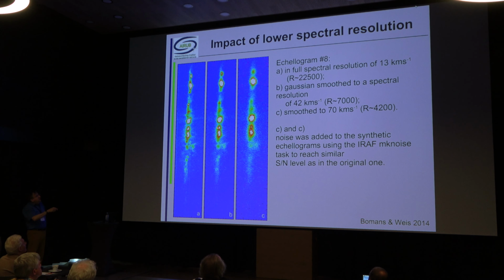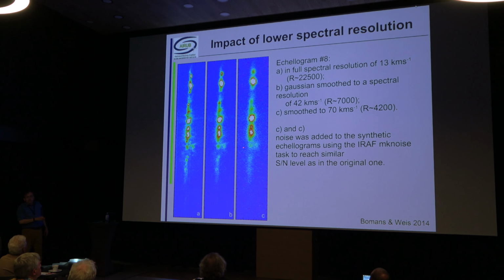This now is the same spectrum smoothed to R 7000. And this is the same spectrum smoothed to R 4200, and the noise adapted so that we have roughly the same noise in the background for all the images. And you see all these faint features here, they go away, because the central line dominates everything.